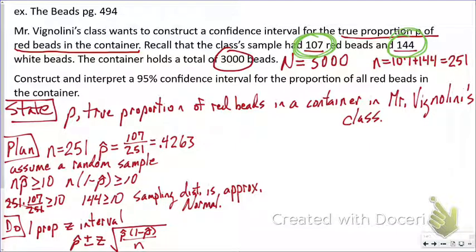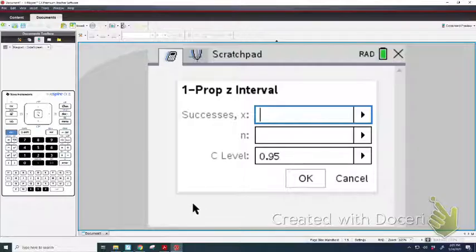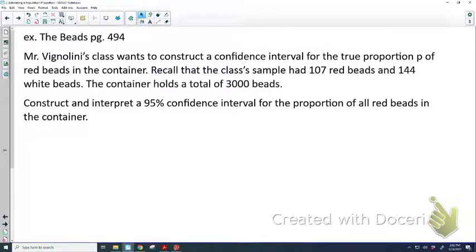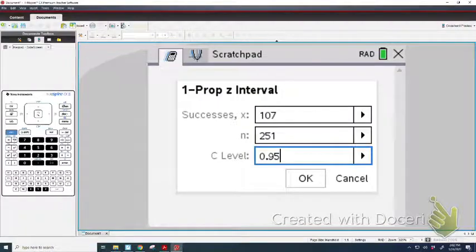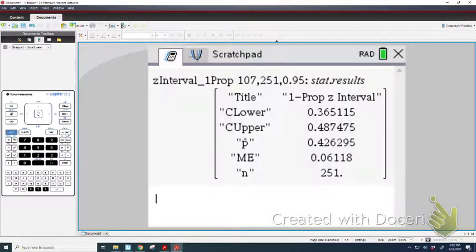Well, you know where p hat and n come from, but I'll tell you what's going on with z in a second. Let's look at the calculator, though. So we have 107 red. Notice that needs to be a whole number. And 251 total beads in the sample. Back to the problem. They ask us for a 95% interval. So keep that at 95. And you're good to go.